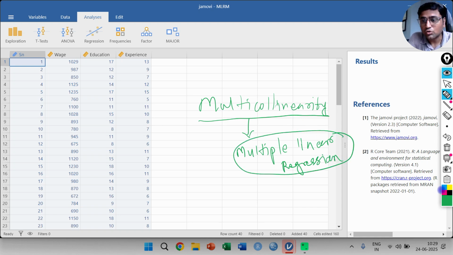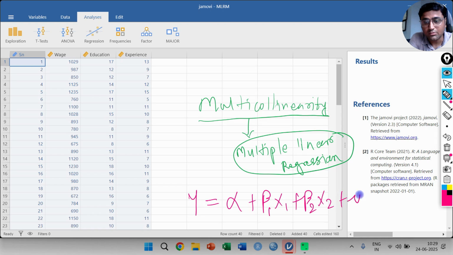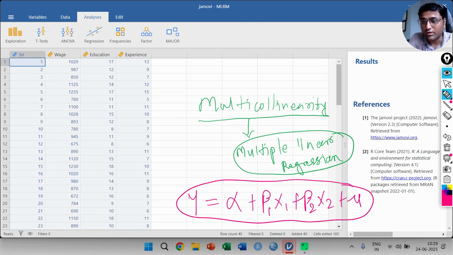When two or more independent variables are correlated, let's say we have y is equal to alpha plus beta 1 x1 plus beta 2 x2 plus mu. This is our regression function. So here we have two independent variables, x1 and x2.